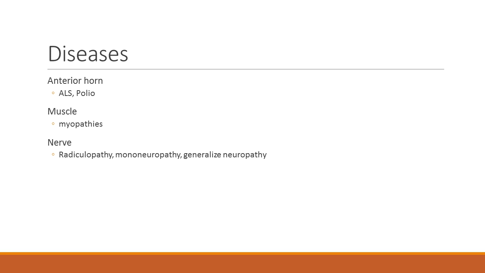You should know some of the diseases. Now I realize maybe some of you don't see all of this, so I put some of these down. When you look at an anterior horn, you have ALS, you have polio. When you're looking at a muscle disease, you certainly have a myopathy. A nerve disease is a radiculopathy or a mononeuropathy, or even a generalized peripheral neuropathy. So from diabetes, that would be a nerve issue.